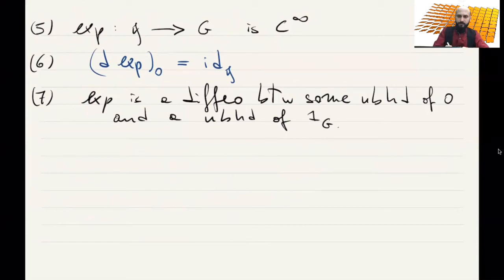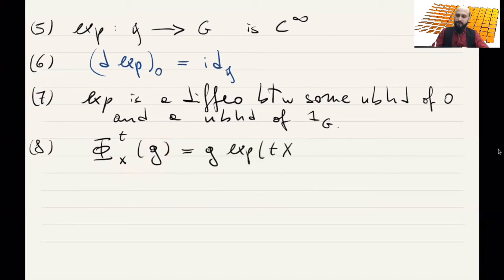Right, another consequence. If we consider the flow line of x, but now we start from another point g. Since x is a left invariant vector field, we can just left translate the flow line starting from the identity.